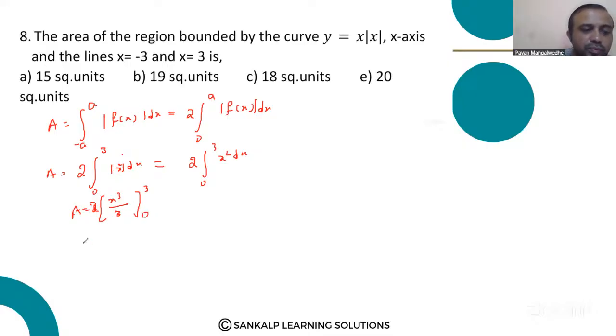So now 2 into, x can be replaced by 3, 3 cube is 27 by 3 minus x cube, and these all things will become 0. Upper limit minus lower limit, that is 3 threes are 9. So 9 into 2 is 18. So the final answer is 18 square units.